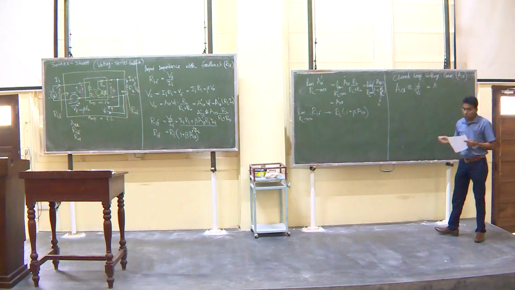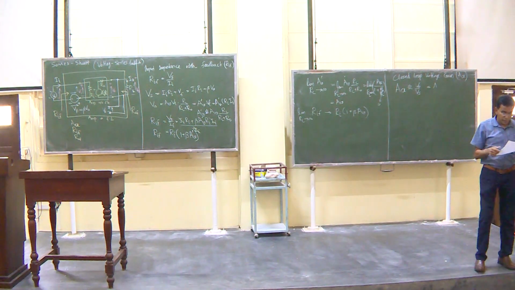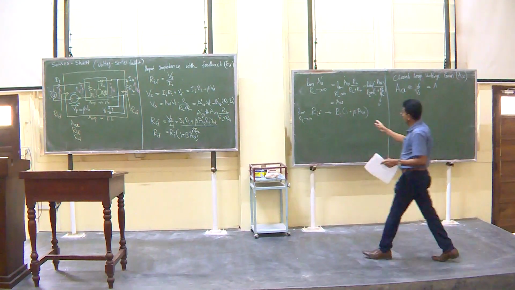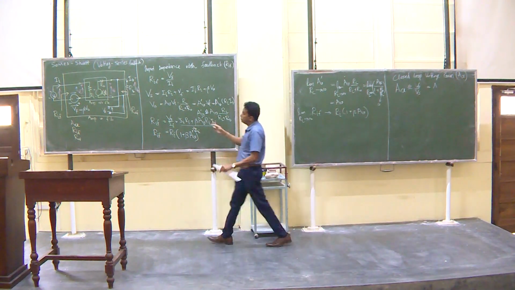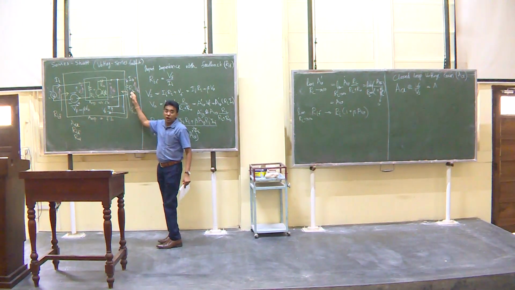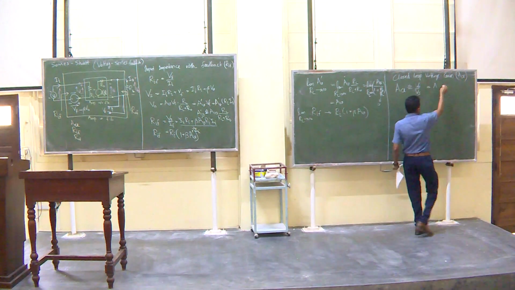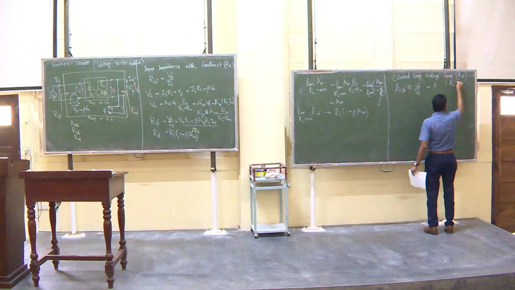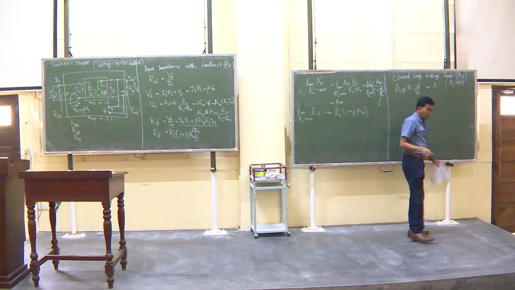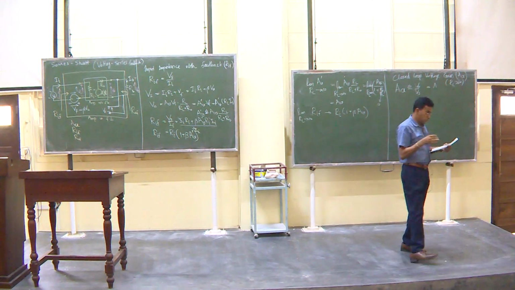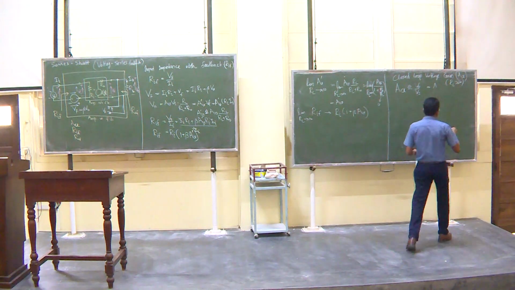Now, let us work with the unloaded case here. Let us say RL is much bigger, so this is unloaded compared to R out.